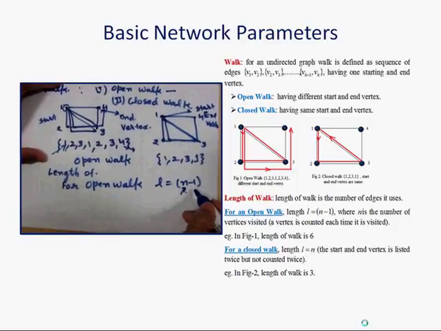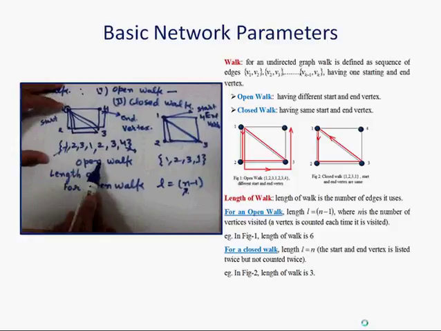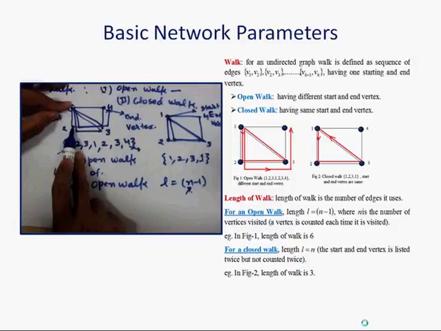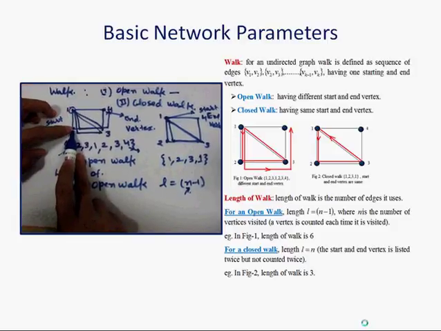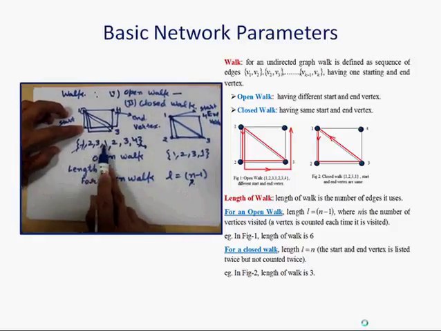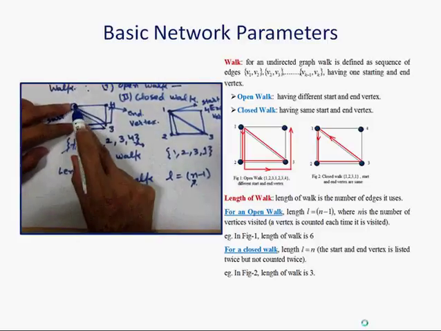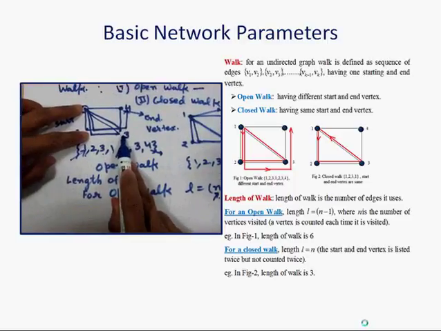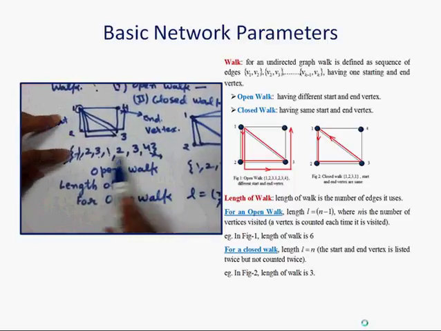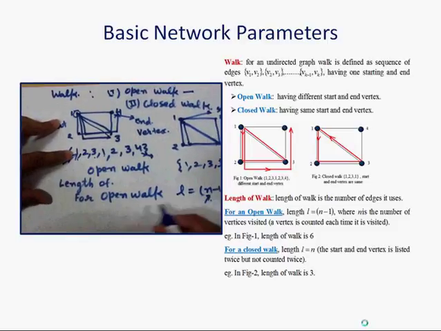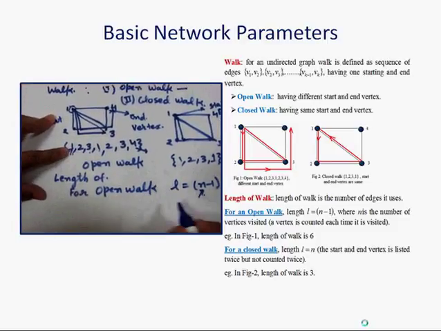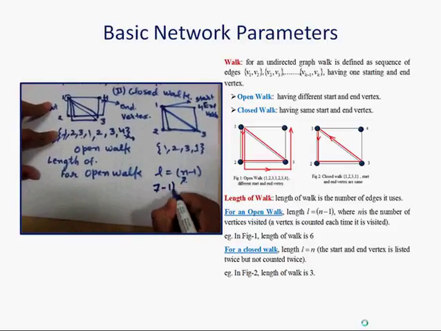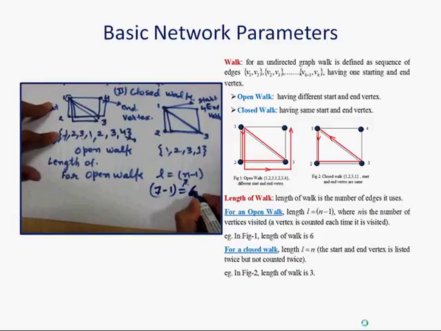For example, in this open walk, we start with 1 and then come to vertex 2 and then 3 and then return back to 1, and then 1 to 2, and then 2 to 3, and then 3 to 4. So the length of the walk will be 6.